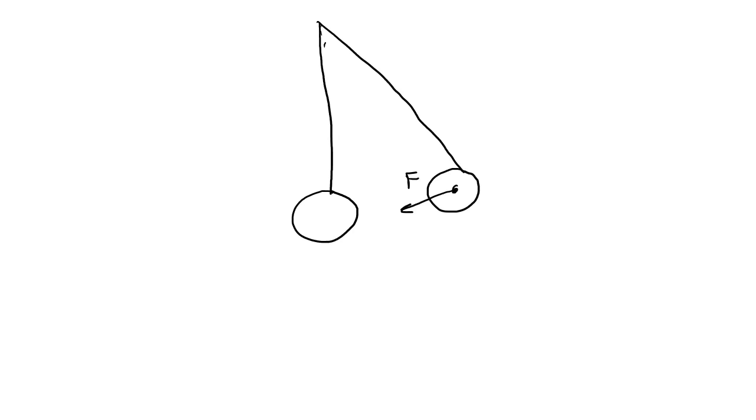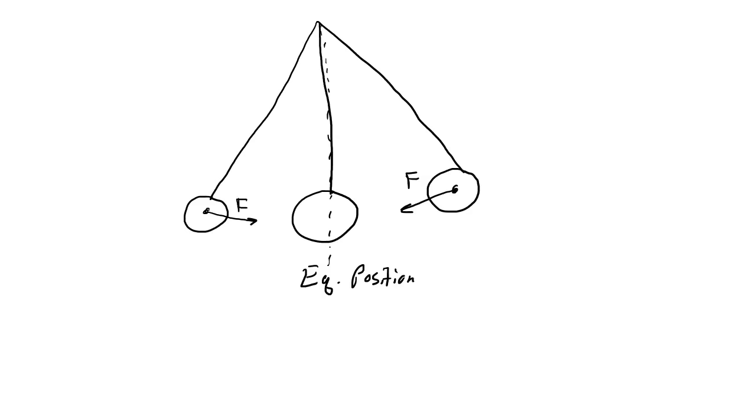So if my pendulum right here is in my equilibrium position, when my pendulum swings to have a negative displacement, the restoring force is now going to point forward toward the equilibrium position. So the restoring force will always point back toward the equilibrium position of the system so that it restores the pendulum back to its original position.